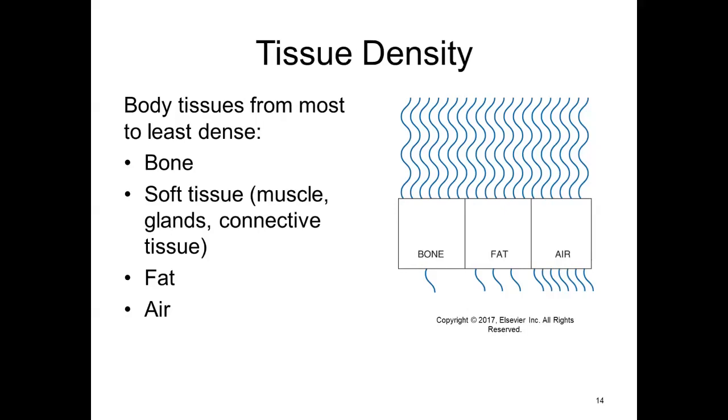And then air being the least dense. Metal, like surgical hardware or artifacts, is denser than bone, so it will show up brighter. But in general, metal is not a natural tissue found in the body. It's always something that's placed there or overlaid.